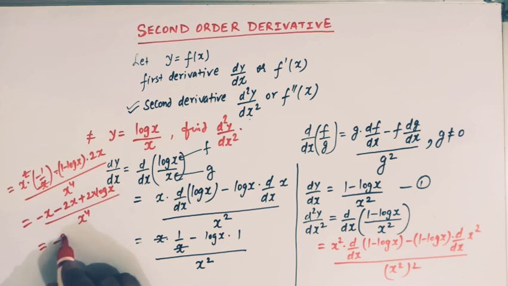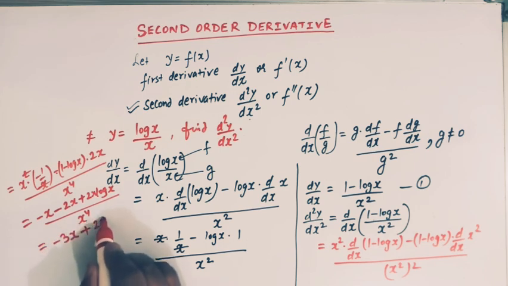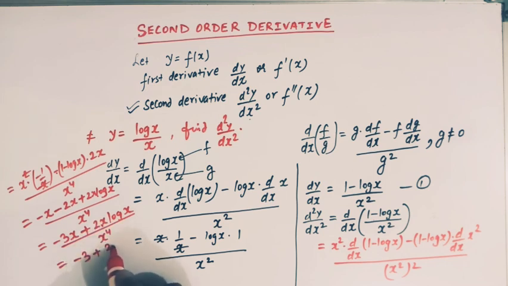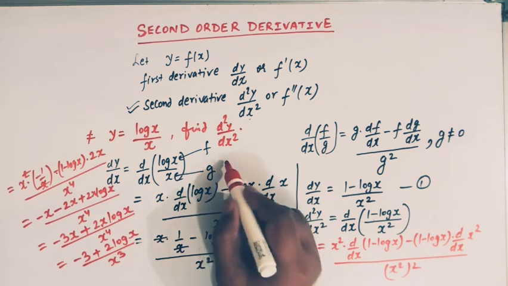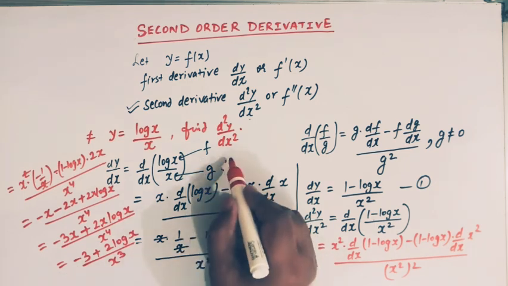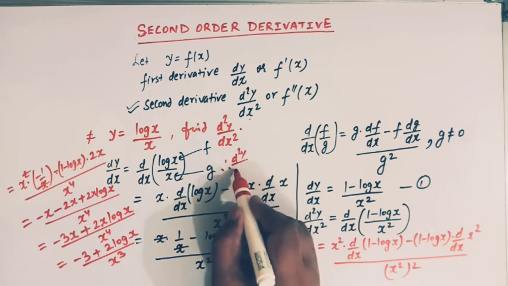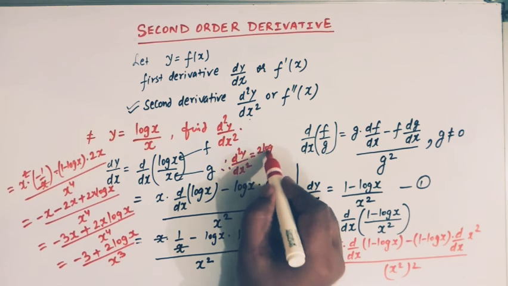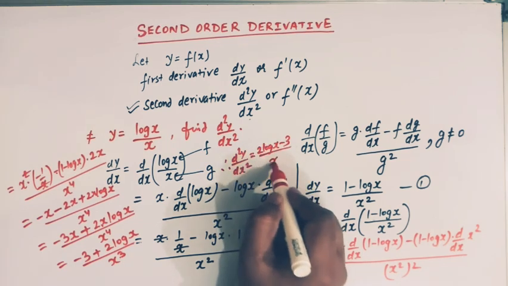So we have minus 3x plus 2x log x divided by x raised to 4, and cancelling out 1x from the denominator, we have minus 3 plus 2 log x divided by x cube. So therefore we see that the second derivative, that is d2y over dx2, is equal to 2 log x minus 3 divided by x cube.